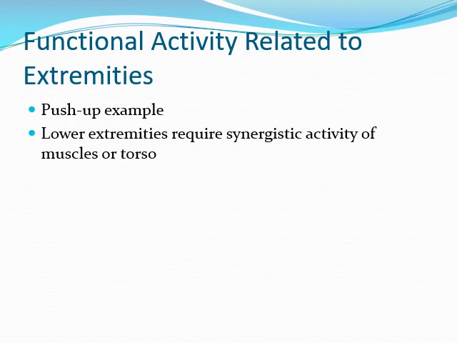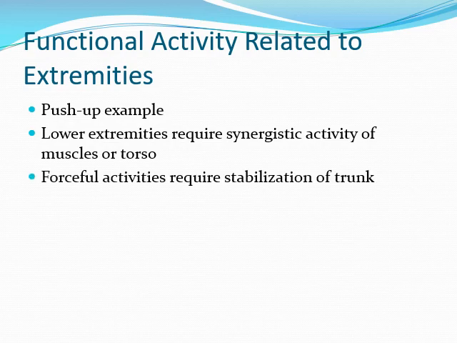When we're talking about the lower extremities, they require synergistic activities of the muscle and torso. So when you're going through various types of motion, there's a very high correlation with the lower extremity and the relationship of the muscle activity at the spine. A lot of this relates back to the fact that forceful activities require stabilization of the trunk. So we talked about the anti-extension movements earlier.